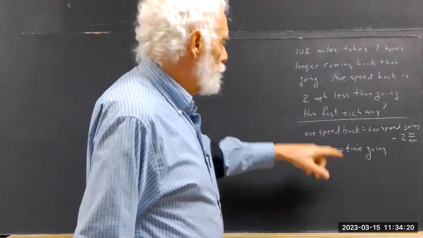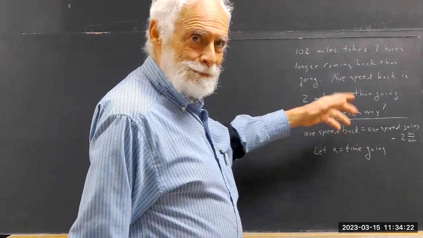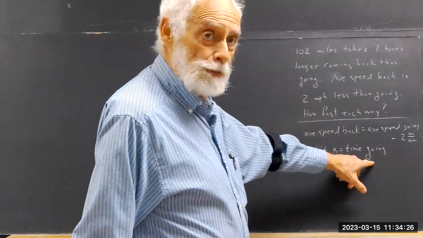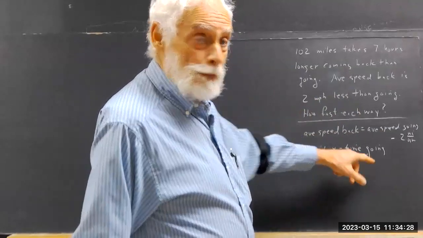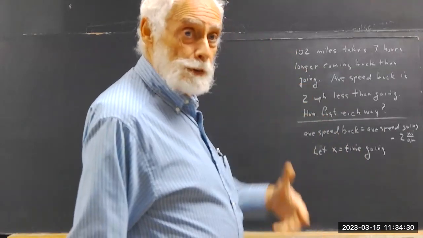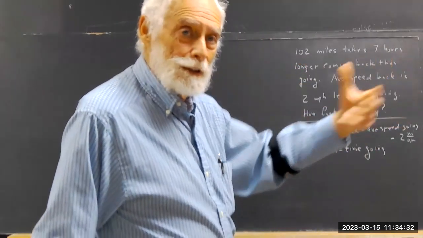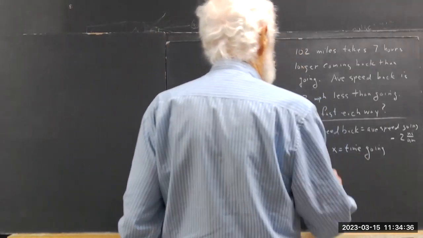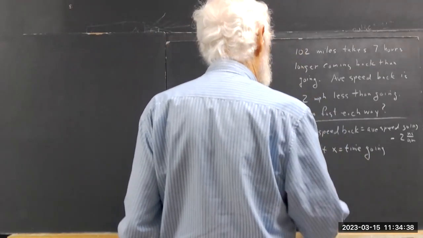That's simpler than saying how fast each way. It's going to be simpler to set the problem up in terms of one of the times than in terms of the speed, which requires dividing a distance by a time.